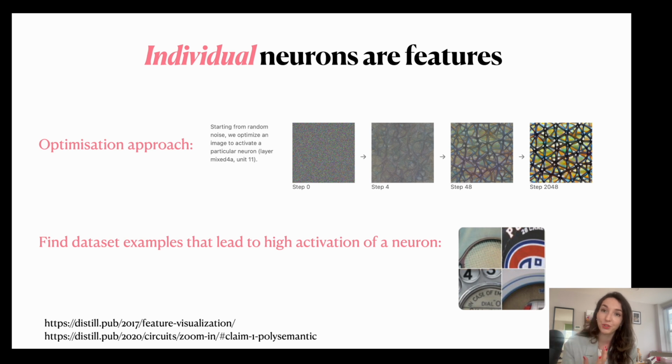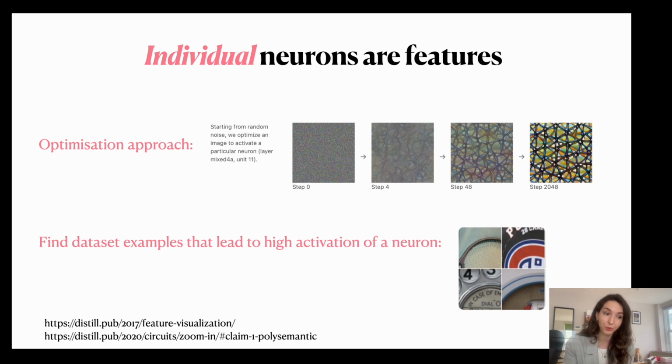How do people approach finding these kinds of neurons? There are two ways. One is the optimization method, where they would start with random input and optimize this random input in order to maximize the activation of the particular neuron they are trying to understand.